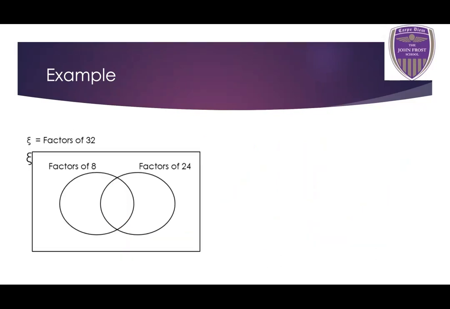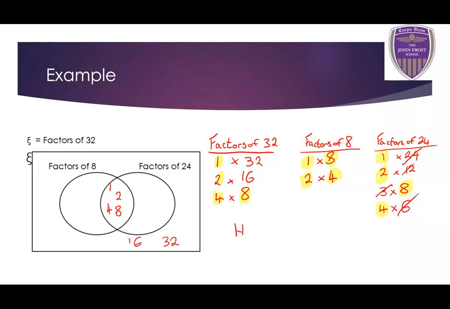And for the other example, the highest common factor, sometimes referred to as the HCF, in this example, it is 8. Okay? So that's another question. After you've done these factors, you'll be asked to find the highest common factor, okay? And it's just the highest number in the overlap, okay?